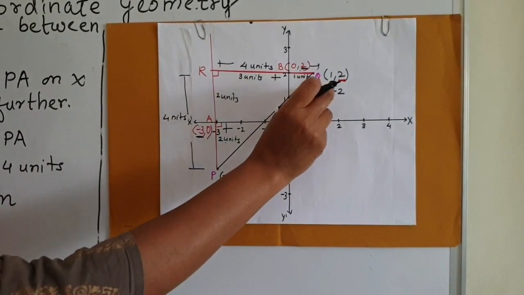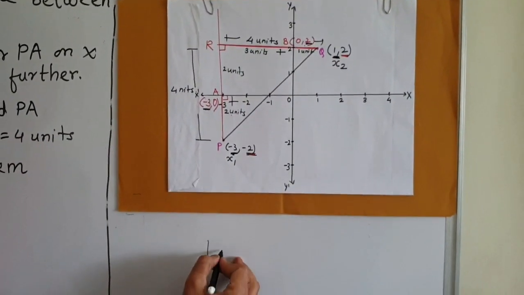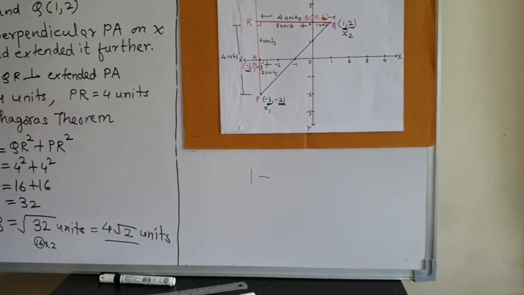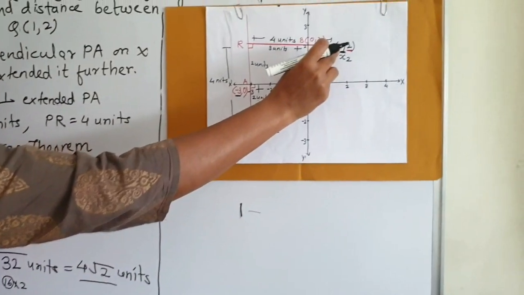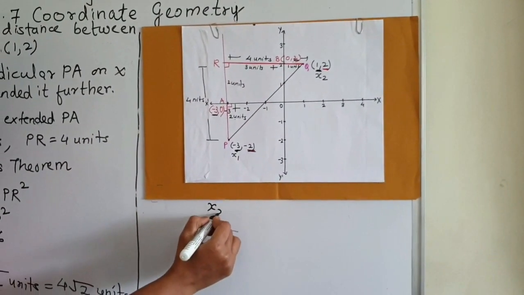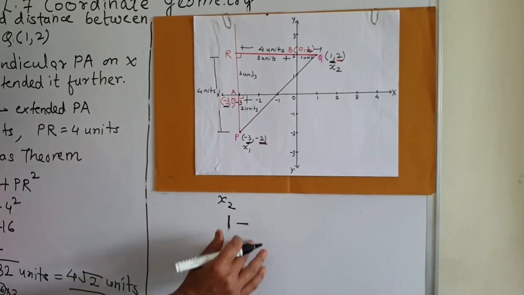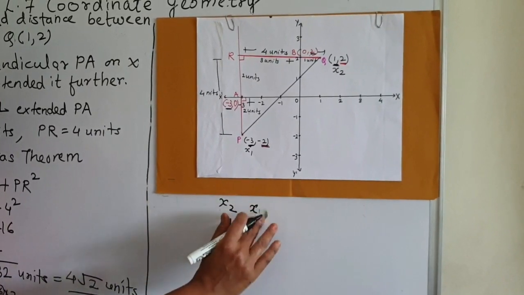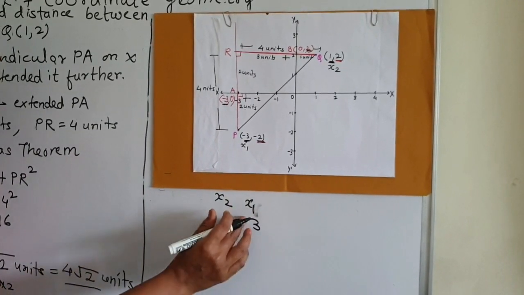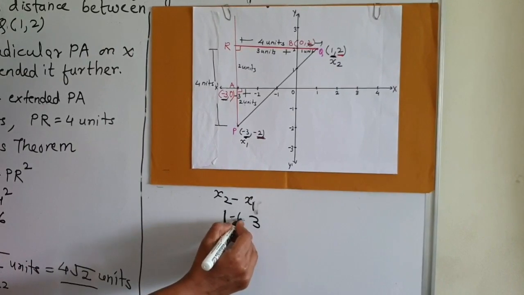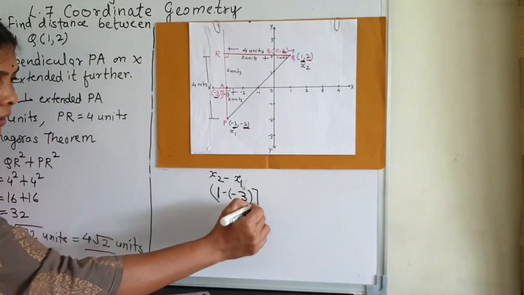That we get as, if we take x2, 1, minus x1, x coordinate of P, that is -3, that is whole square.